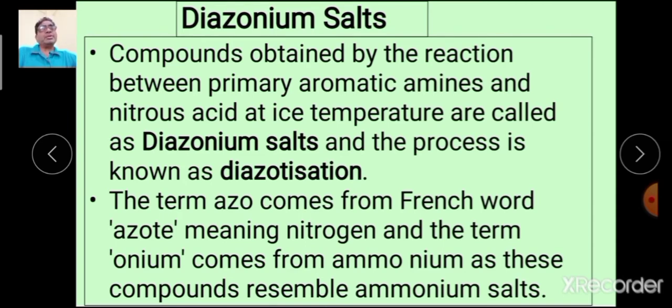Di means 2, azo means nitrogen. The compounds having 2 nitrogen atoms are known as diazo compounds. The term azo comes from the French word azote meaning nitrogen, and the compounds resemble ammonium salts.